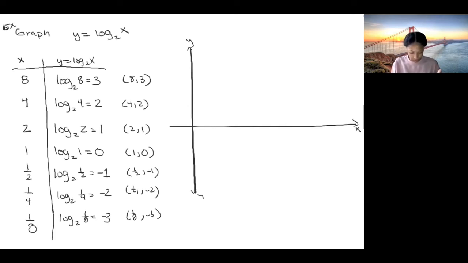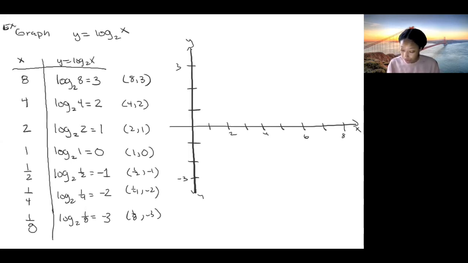The x's are between 0 and 8. 1, 2, 3, 4, 5, 6, 7, 8. Oh, I missed. Okay, sorry. 6, 8. And then for our y's, they were between -3 and 3. 1, 2, 3. 1, 2, 3. All right, let's plot.